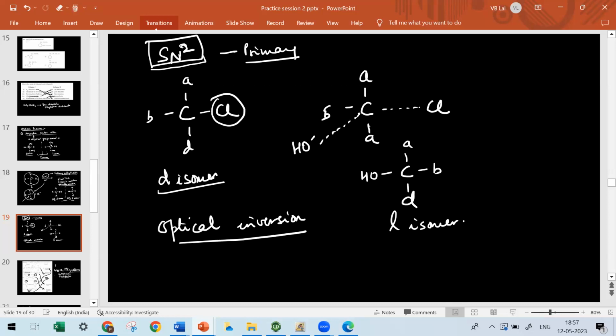Bimolecular means in the rate determining step there are 2 molecules taking part in the reaction simultaneously, that is the alkyl halide and the reagent. The first one is called unimolecular because the reaction occurs in 2 steps. One step is a slow step, and in that slow step only 1 molecule of alkyl halide participates. So the rate of reaction depends on only the concentration of alkyl halide. That is why you call it SN1, and this one is called SN2.